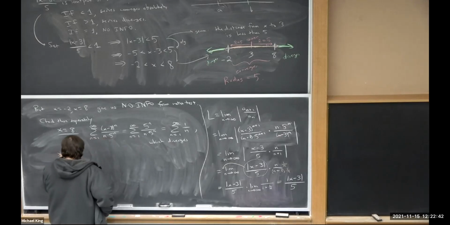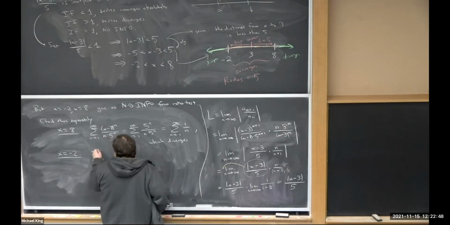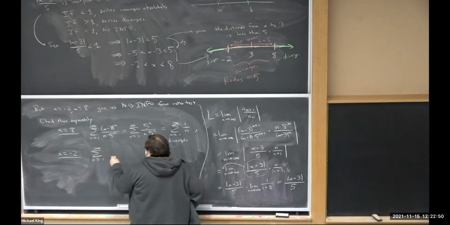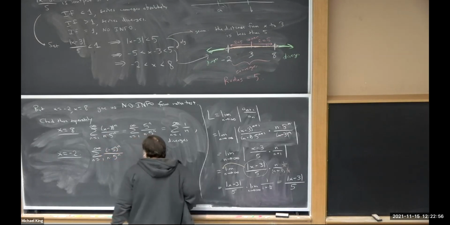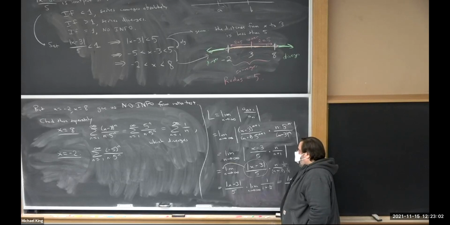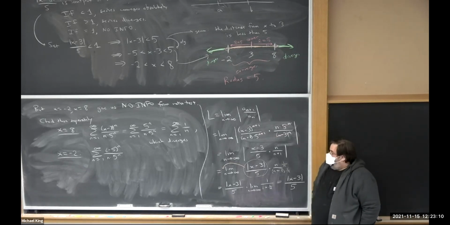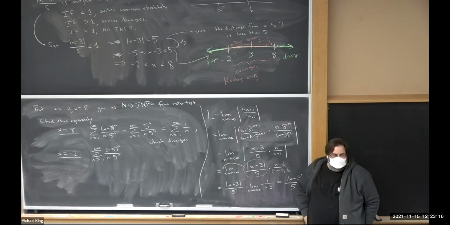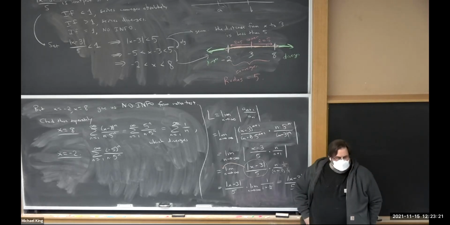What about x equals -2? Now we plug in -2 up here and we get (-5) to the n. Now we have to think about this for a minute. You could write out the first few terms to see what's happening. But there really is a 5 to the n on the top and bottom.